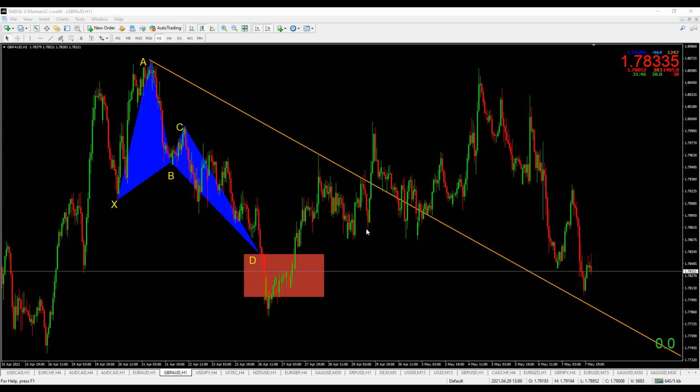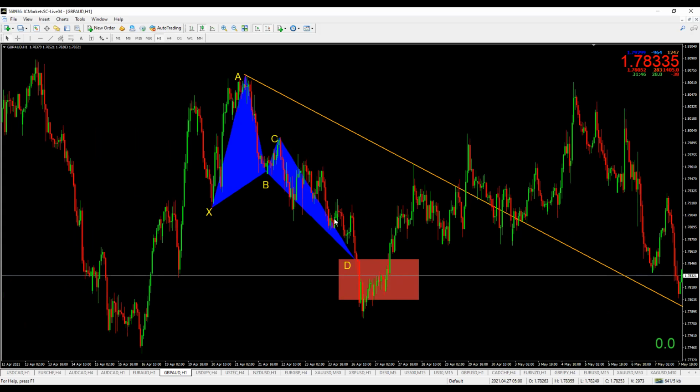Okay, so this is a harmonic pattern that we drew out maybe some weeks ago, and we see what happened here. This obviously is the X, A, B, C, D, and D is always the entry point, the price reversal zone.